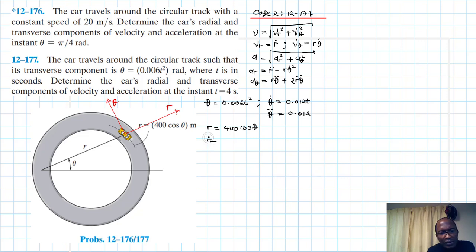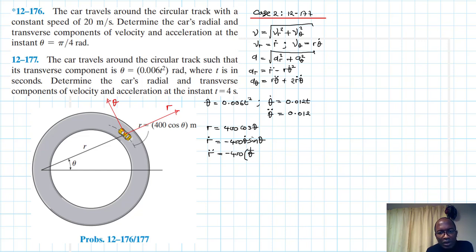Therefore, r dot is just equal to dr dt, the time derivative of the position vector. This becomes minus 400 theta dot sine theta. Then r double dot, we factor out 400 and then use the product rule.